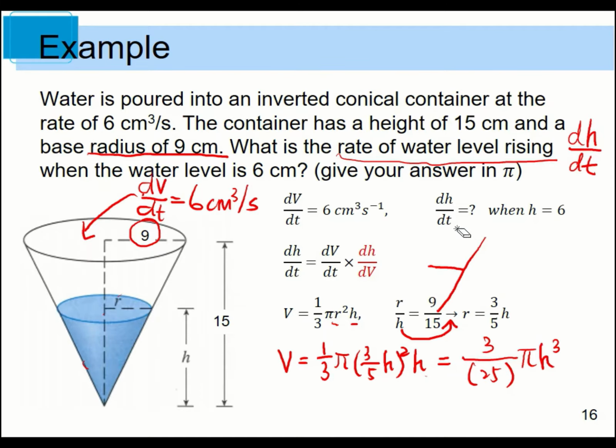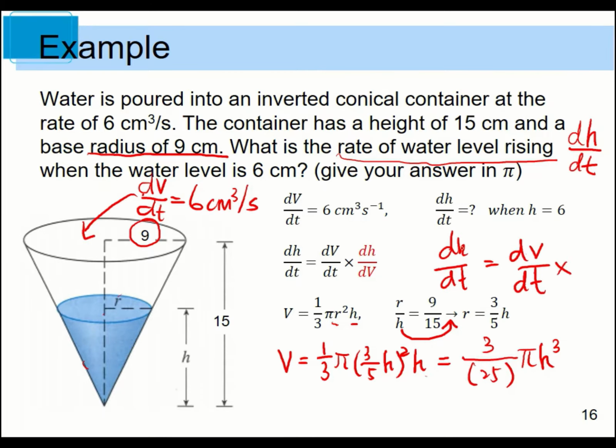Now, we are going to relate this equation, V in terms of h, with dV/dt and dh/dt. We know that dh/dt is what we want to find, and we have dV/dt.